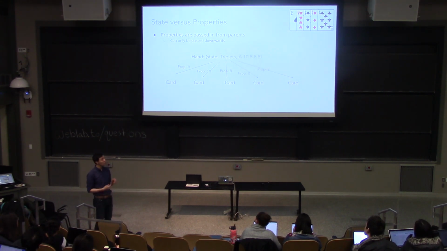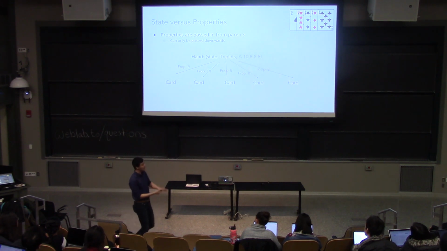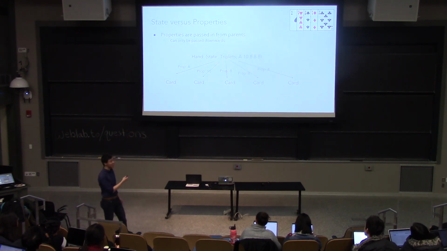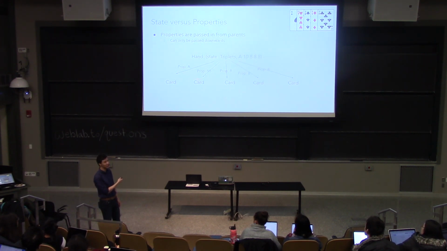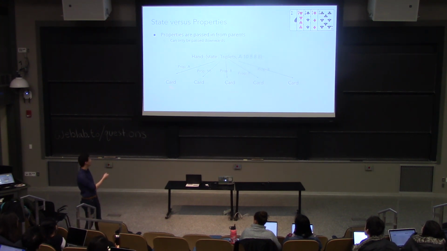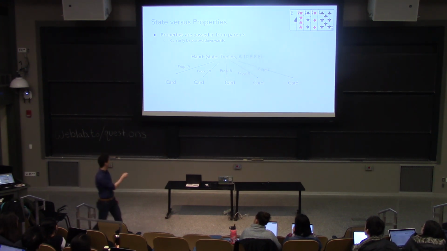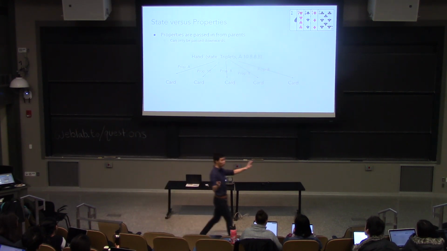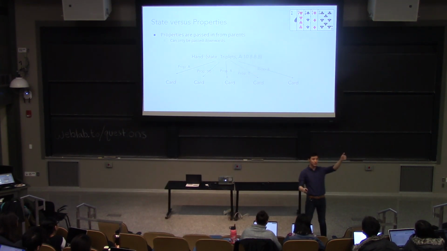But in this case, we know for sure that the state triplets has to live in the hand. Everybody understand why? Because having a card have a state triplets means nothing to the rest of the cards. And since they're siblings and not children of it, they can't access that state, right? So the hand has to have that state triplets. We're all clear on that, right? Everybody understand that? Thumbs up?